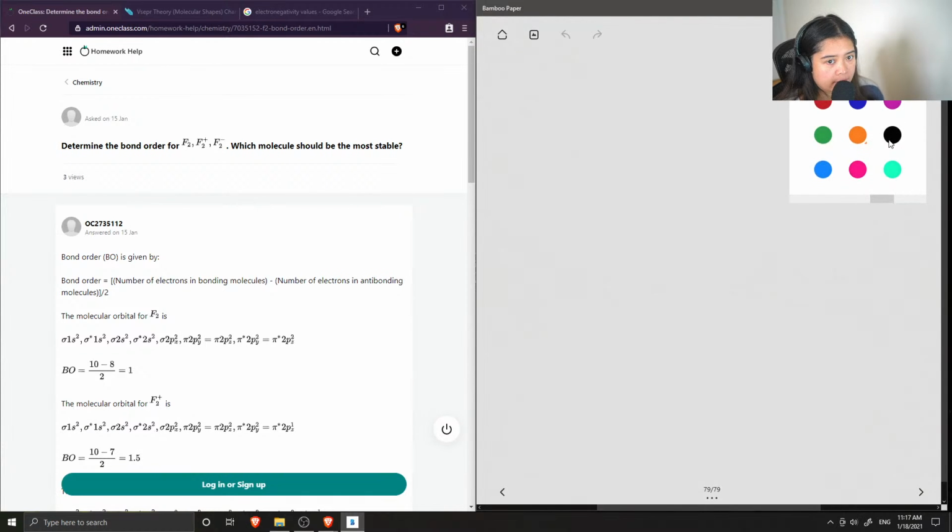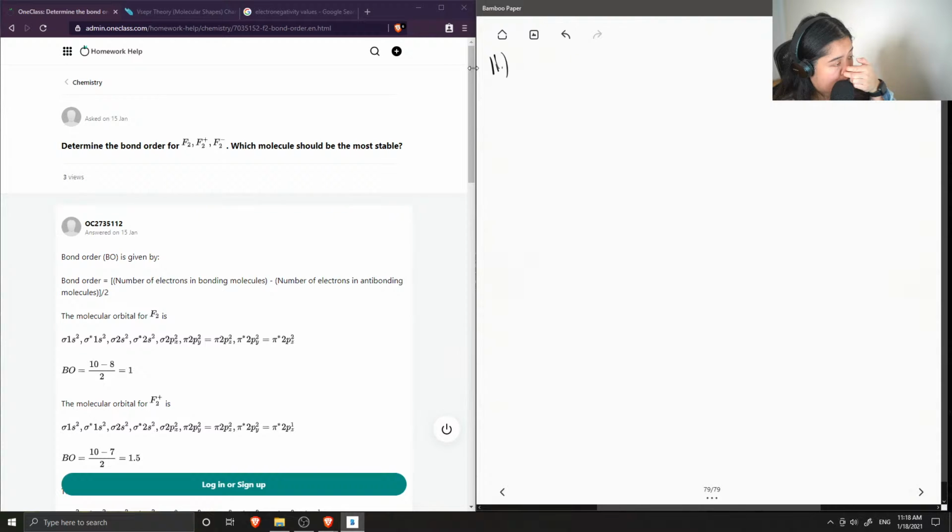Okay, so question number 11 is to determine the bond order for F2, F2 plus, and F2 minus. Which molecule should be the most stable?